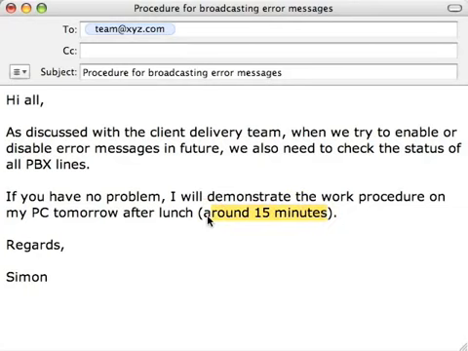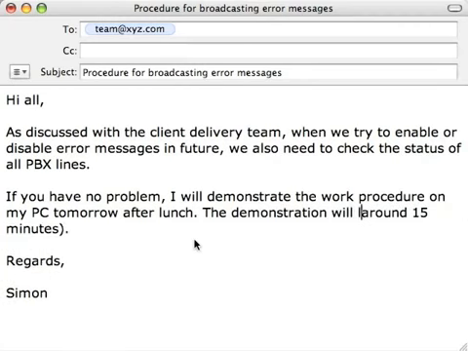When he says around 15 minutes in parentheses, what he means is that the demonstration will last about 15 minutes. I'm going to remove these parentheses and create a complete sentence to express that thought. The demonstration will take around 15 minutes. I think that covers all the style changes we need to make.